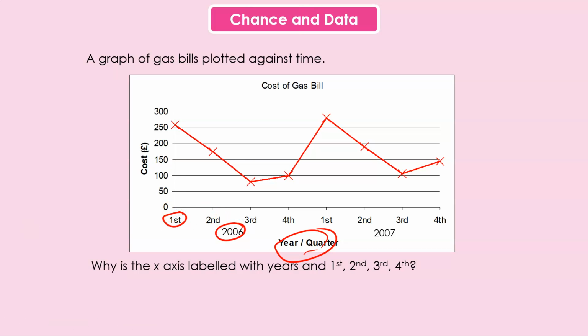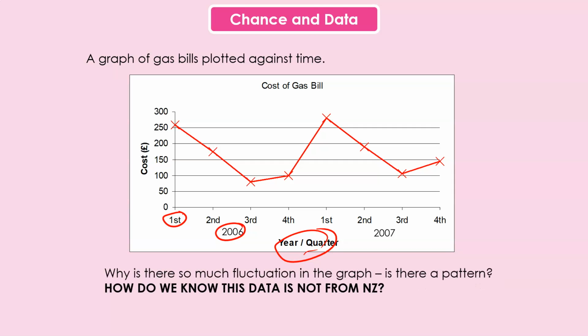So obviously 4 quarters in a year. The utility bills, gas, electric, water, are sent out every 3 months, which is a quarter of a year. So why is there so much fluctuation in the graph? Is there a pattern? And also, how do we know that this data was not from New Zealand?